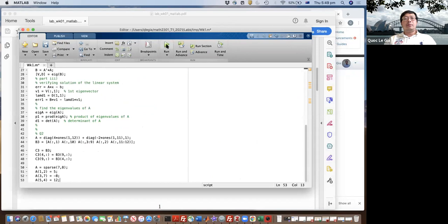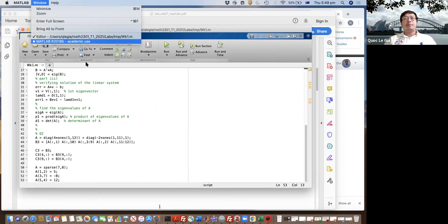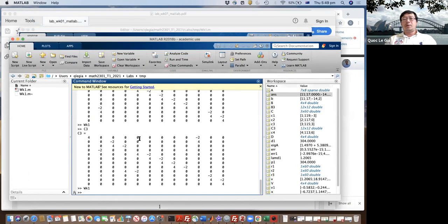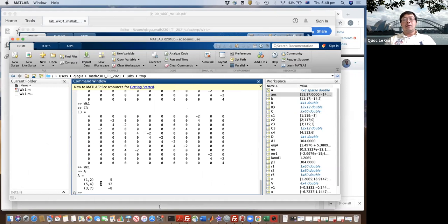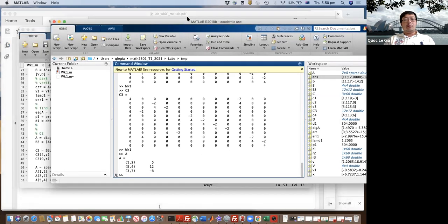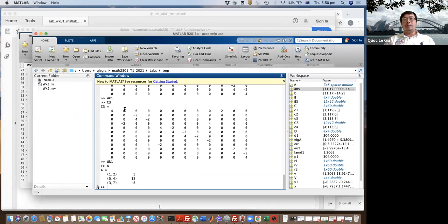If I run it, you will see that the matrix A doesn't give you the full matrix like before. It just gives you the non-zero entries and their indexes. The whole matrix has 56 entries, but there are only 3 non-zero entries, so it's a waste to store all 56 entries.